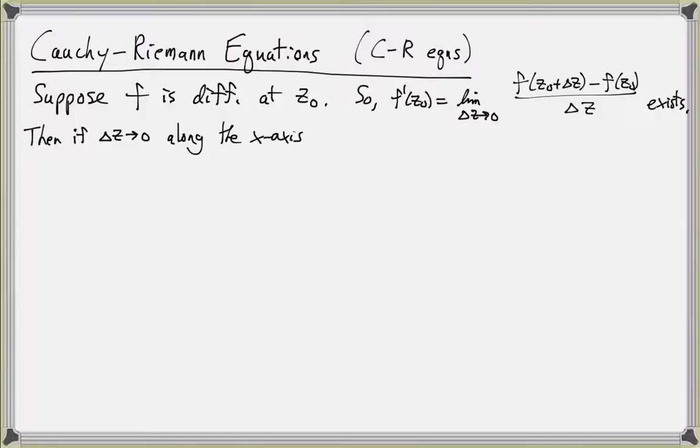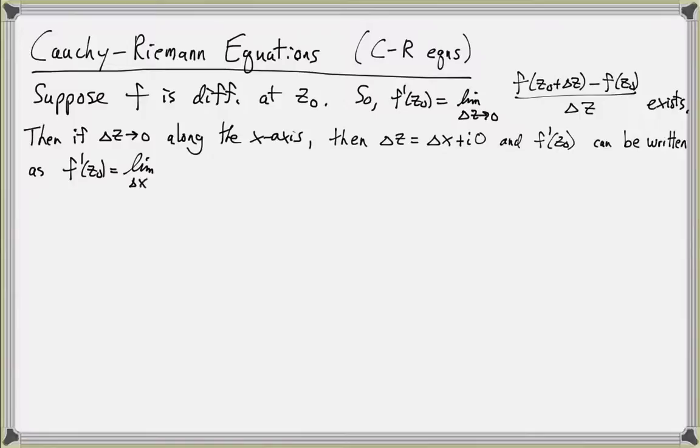as we did in a previous example, then we see that delta z will equal delta x plus I times 0, because delta y will be equal to 0, and therefore f prime of z0 can be written as the limit as delta x goes to 0 of f of z0 plus delta x minus f of z0 all over delta x.